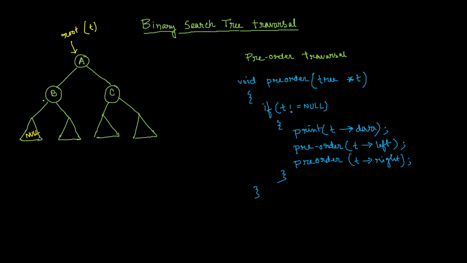I can easily go back to the previous clone of the pre-order function where we got stuck. That's what is happening here, because after printing B, you go left and find it's null, so that pre-order clone will return back to the previous pre-order clone where B was printed, and then whatever is present in the right side will be checked.